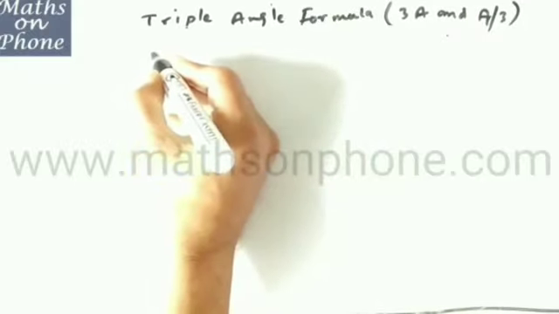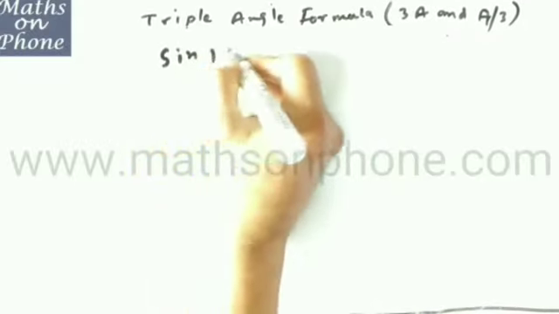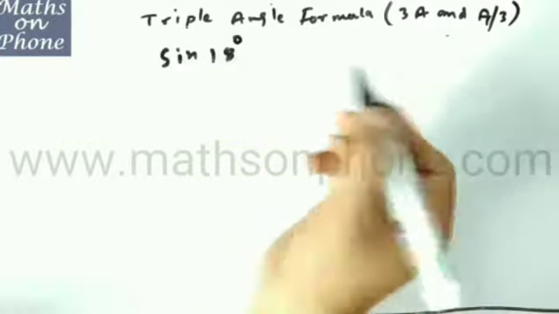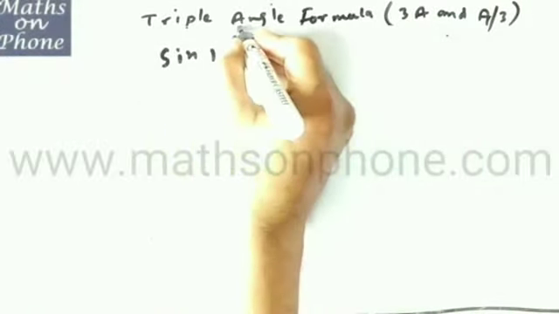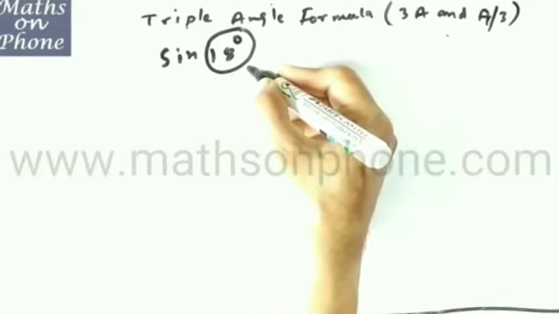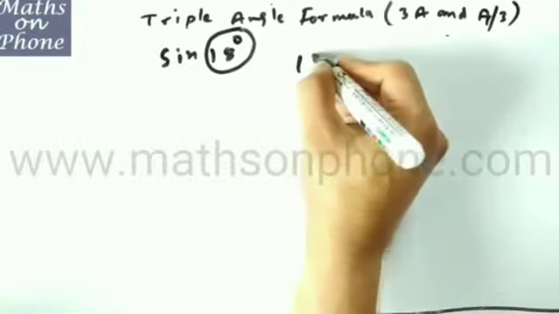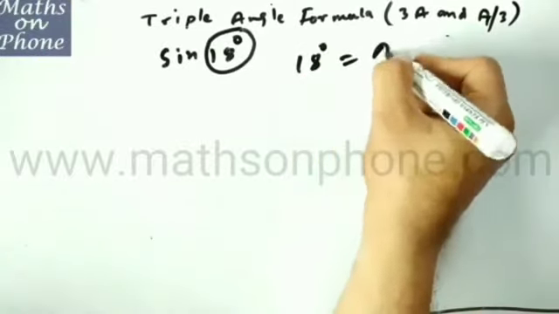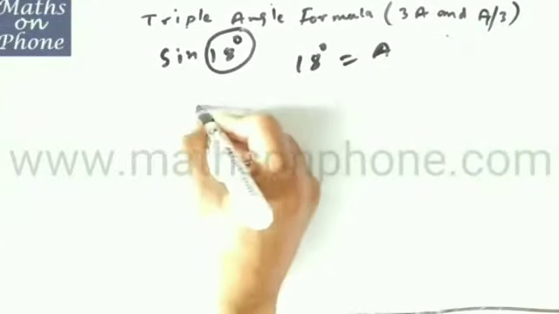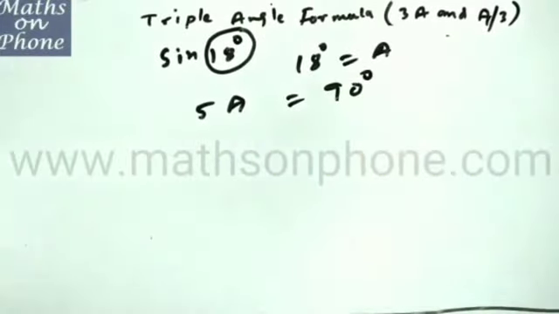Now very important thing we are going to do, we are finding the value of sine 18 degree. See, we have to convert 18 degree in terms of angles whose value is known. And we know 0, 30, 45, 60 and 90 only. So we take 18 degree is equal to A, then 5 times A is equal to 90 degree, which is known.